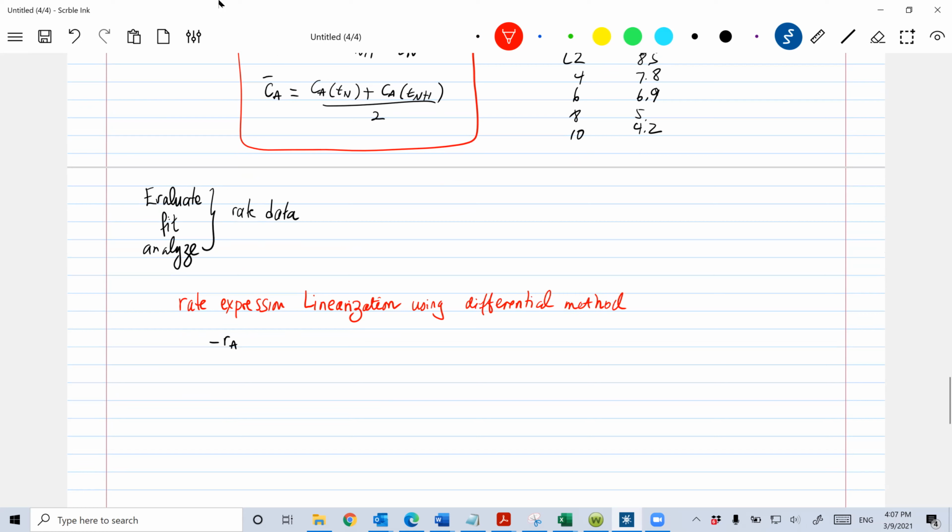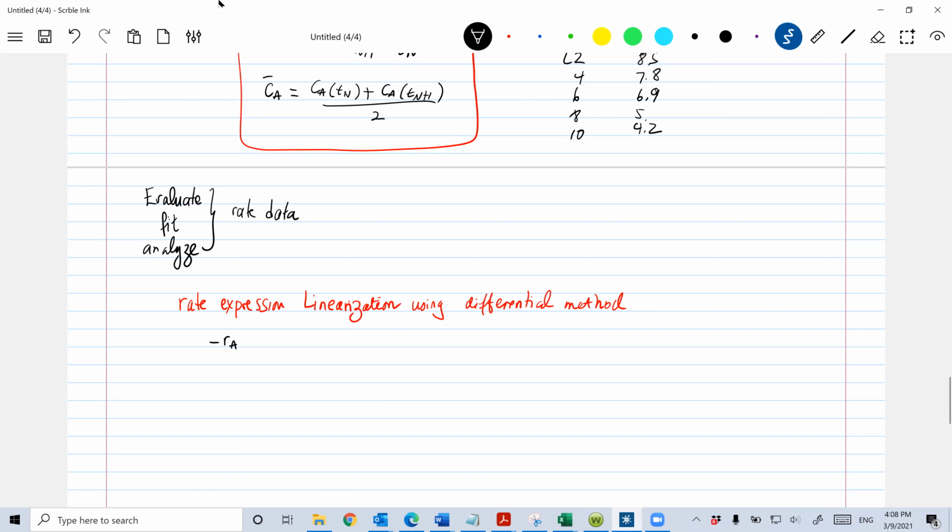Once again, the easiest way to understand it is that in the differential method, you're using the rate directly versus CA. In the integral method, which we'll talk about hopefully before we end, you work directly with the space-time versus CA data or with the time versus CA data. But here in the differential method, we work with minus RA versus CA data.